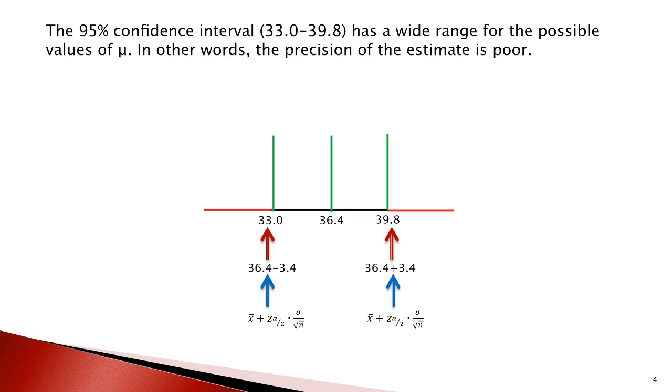We can say that 3.4 is the margin of error, and it's on either side of the sample mean x bar, to the left side and to the right side. If you go to the left side from the sample mean, you will get the lower bound. If you go to the right side from the sample mean, you will get the upper bound.